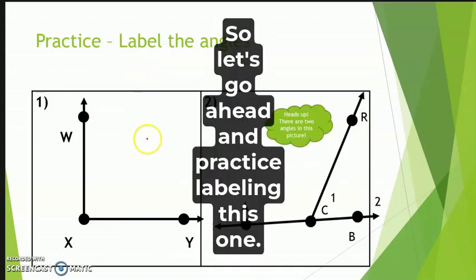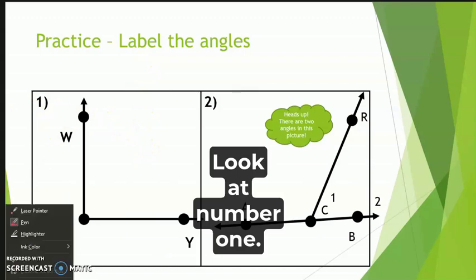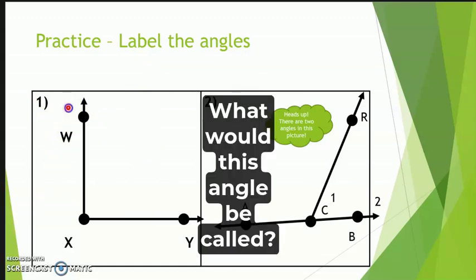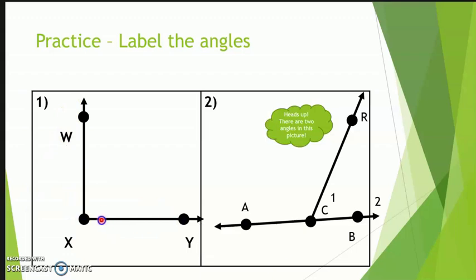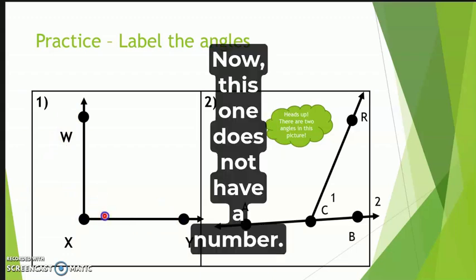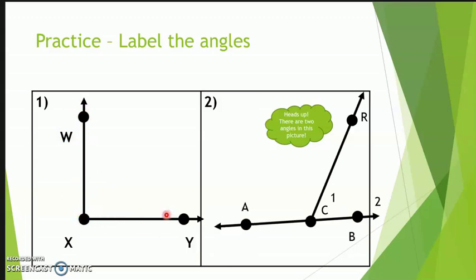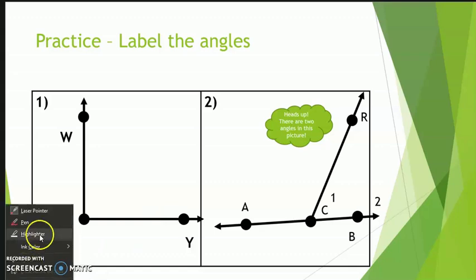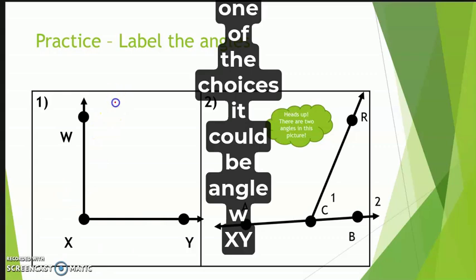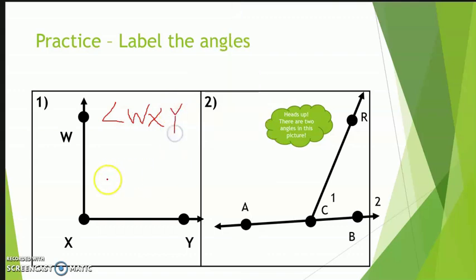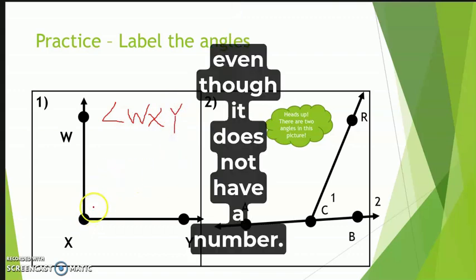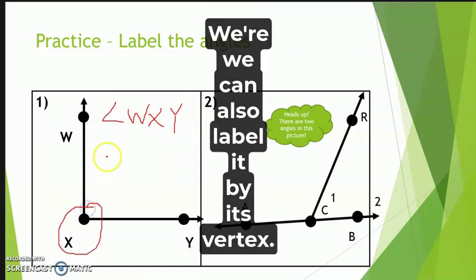So let's go ahead and practice labeling this one. Look at number 1. What would this angle be called? Now this one does not have a number. So what could this angle be? So one of the choices, it could be angle W, X, Y. Okay, even though it does not have a number, we can also label it by its vertex.